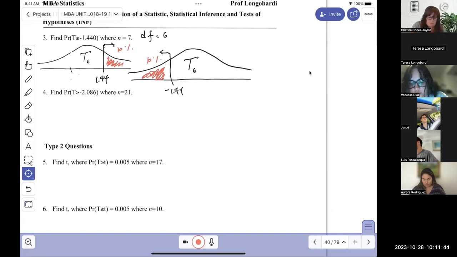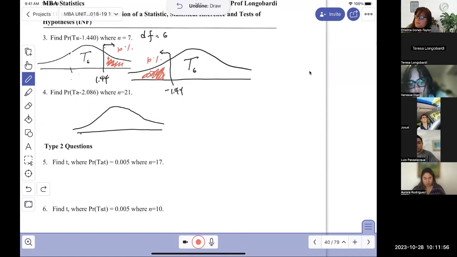Let's draw that. So I'm here, but I want to go this way.